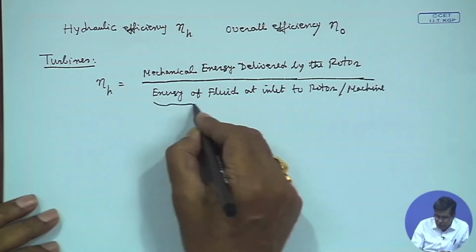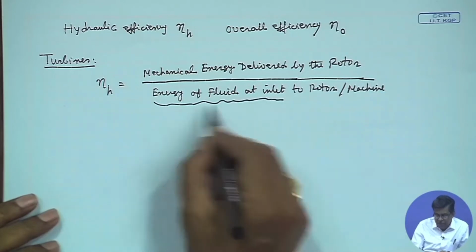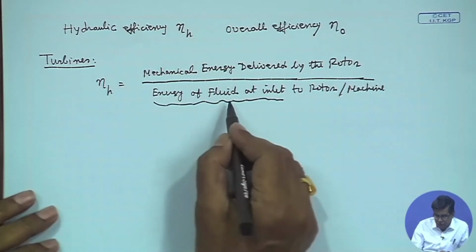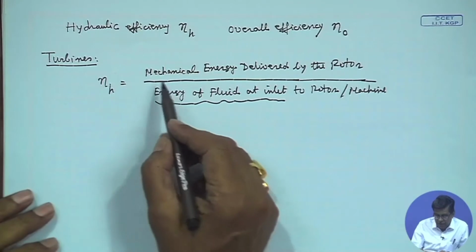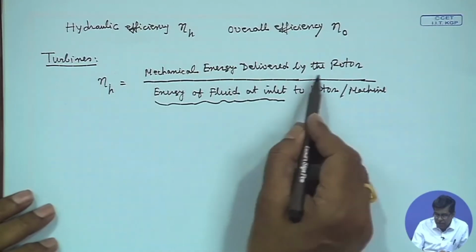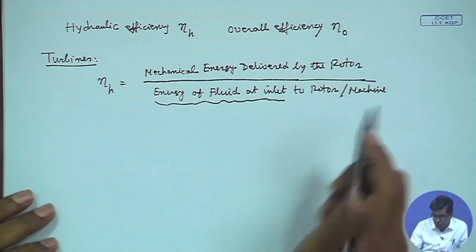This energy of fluid at inlet is the available stored energy from which the conversion takes place in the rotor, and the rotor delivers mechanical energy in the form of its rotation.